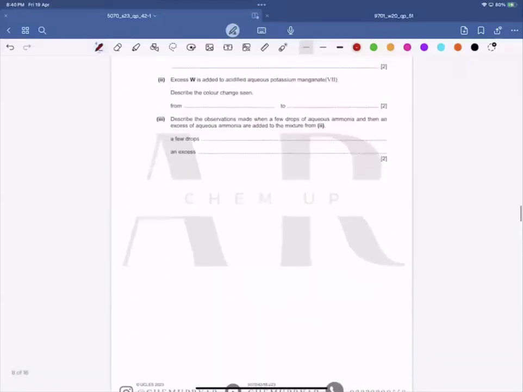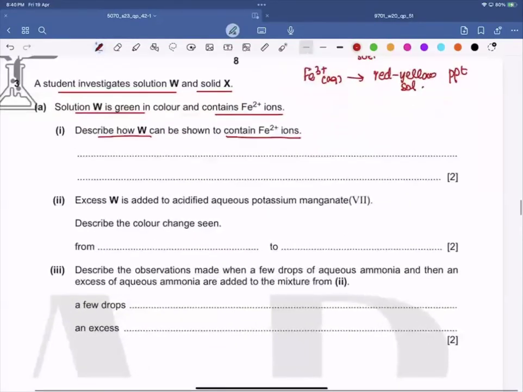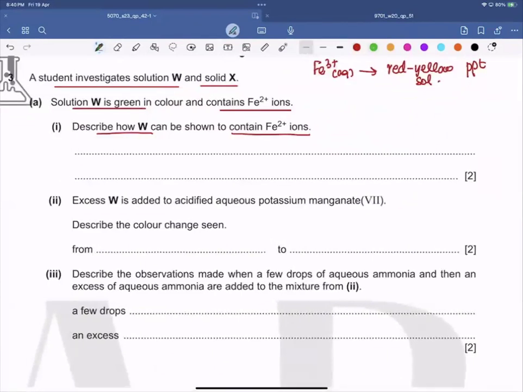So over here, I'm going to write: you can use any one, either aqueous ammonia or sodium hydroxide.